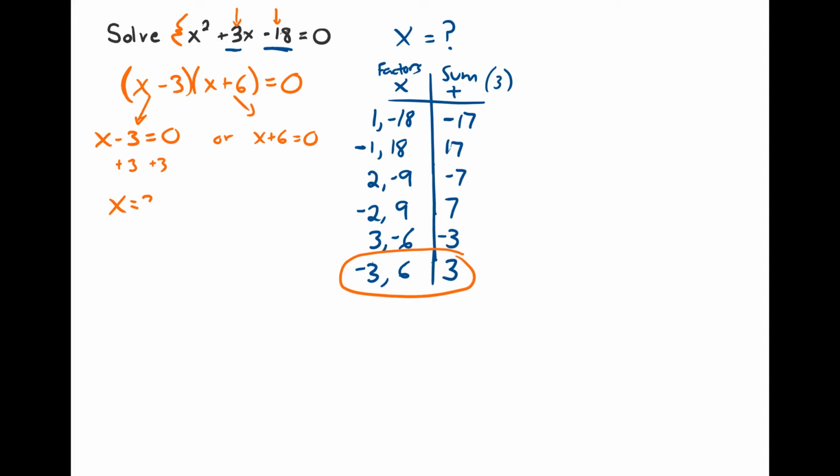So either x equals 3 or x equals negative 6. So I have two answers there, 3 or negative 6. Because if I plug either of those numbers into the top equation, the left will equal the right, and we'll have a correct solution. So we factor, and then we set each factor equal to 0.